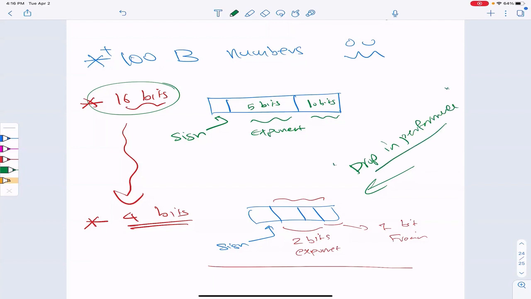Because obviously now you are reducing the precision of your numbers, so your weights might change quite a bit when you are doing such compression.